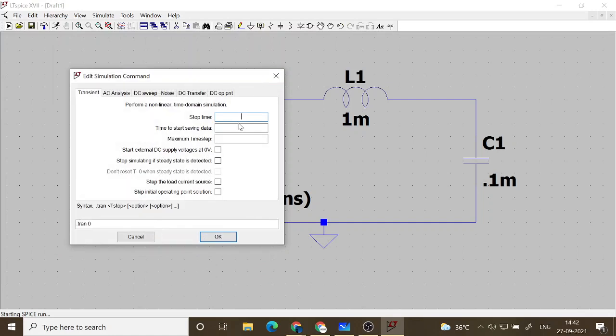So I'll put 5 millisecond here, and then for the time step, it is always good to take max this to be say 1 micro, so that will get more finer simulation results.